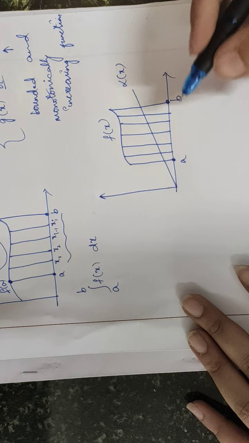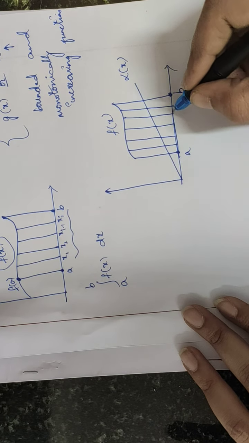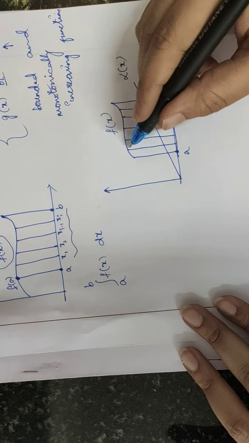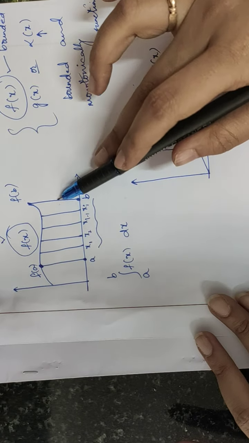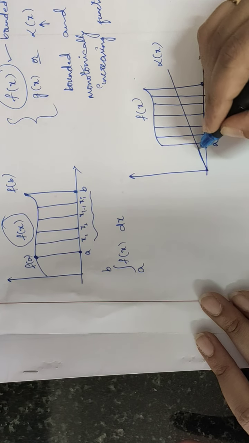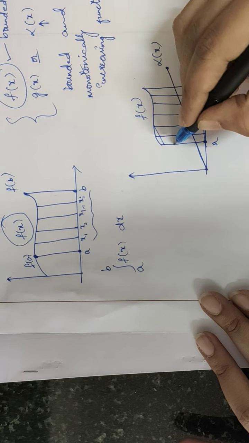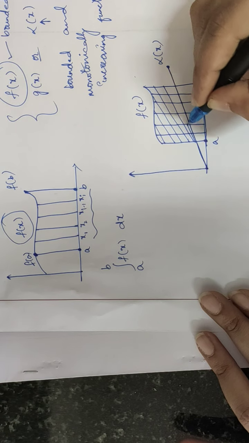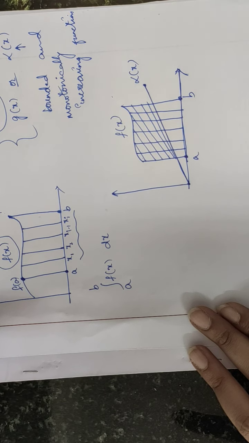So in this sub-interval, if you consider the baseline or reference line as your x-axis, and if you find the area under the curve of f of x, that will be your Riemann integral. But if you consider the baseline as your monotonically increasing function, say alpha x, and if you find the area under this curve, then that will be your Riemann-Stieltjes integral.